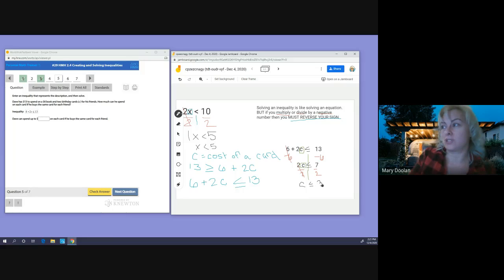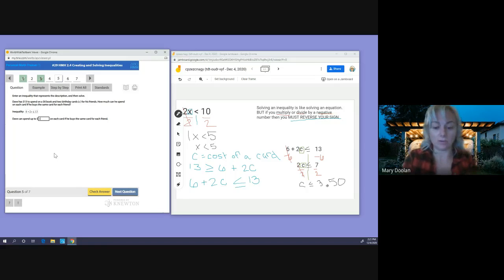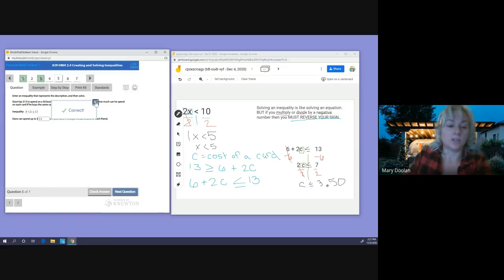So I'm going to change that to 3.50. And now my cost is less than or equal to $3.50. So that's what I'm going to put here. You can spend up to, which the cost is, it could be $3.50 or it could be less than that. So it's 3.5. And then if I check it, oh good, it's correct.